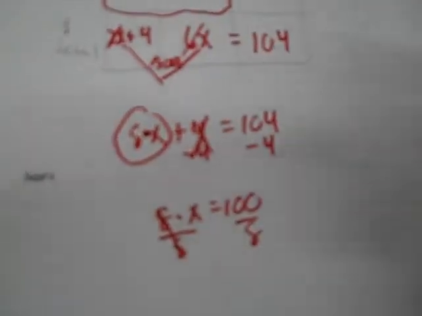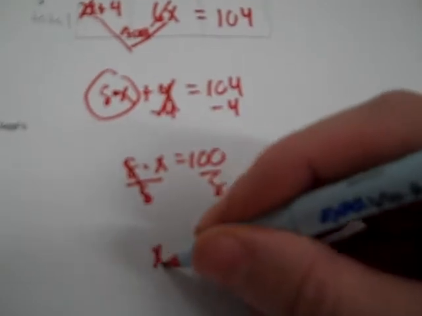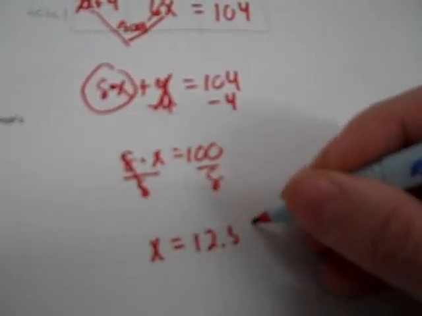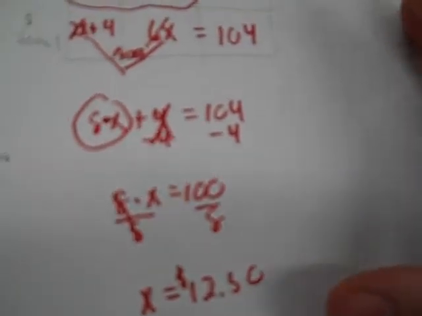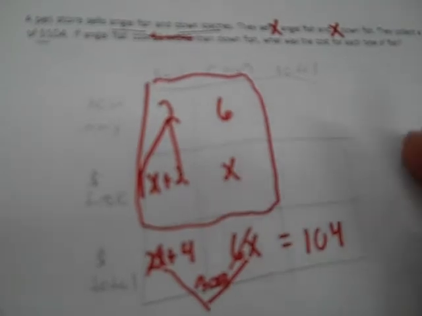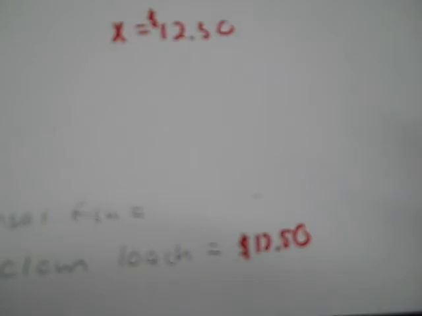$12.5. Now on story problems, decimals are okay. That means it's $12.50. Okay, now here's what I do after that. The x by itself is under the clownfish. Here's x, it's under clownfish, so the clownfish was $12.50.